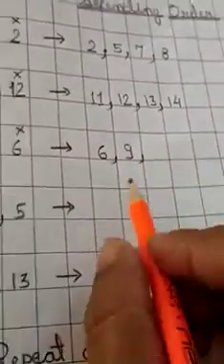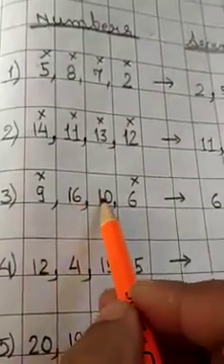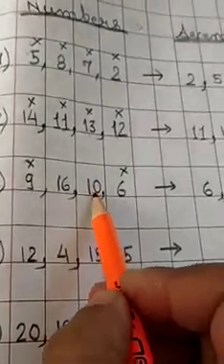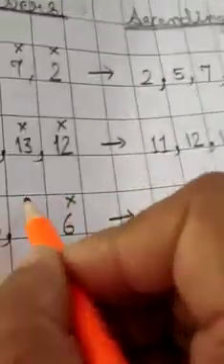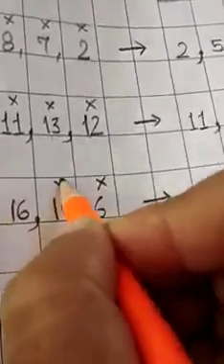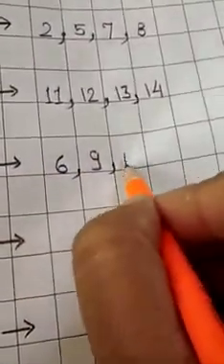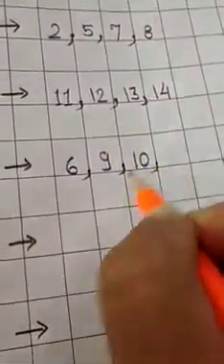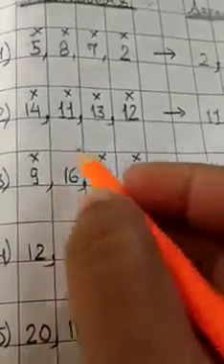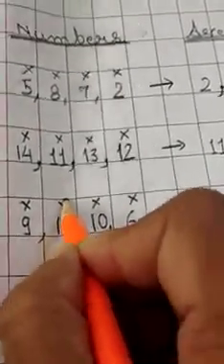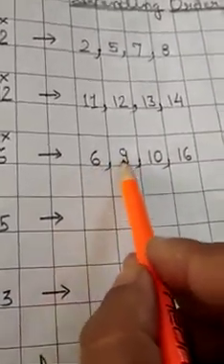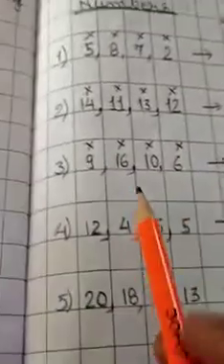Put again comma. Now between 16 and 10, which one is smallest? 10. So cross this 10 first and write 10 here. Put comma, and the last one is, which one remains? 16. So write 16 at the end. So your ascending order is 6, 9, 10 and 16.